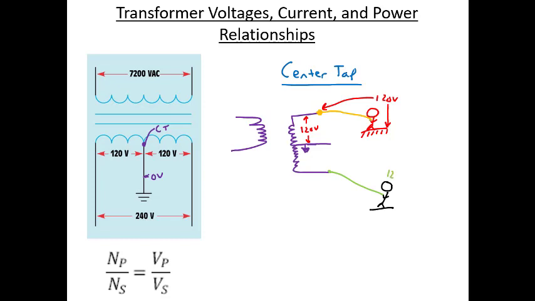They would also have 120 volts between this tap and ground. So this would be like if you stuck one finger into the outlet, that's what you would feel. It's not very pleasant, but it wouldn't be super terrible.